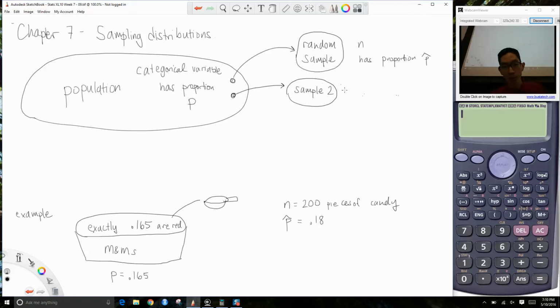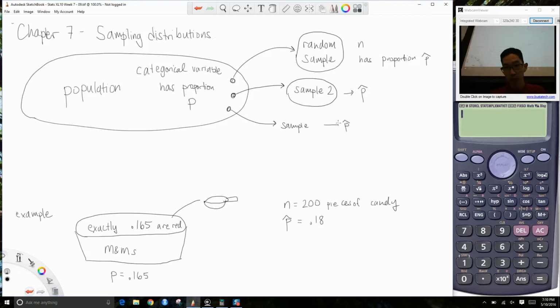And so I go back and draw a second sample, and I get another p hat. Then I go back to the population and draw another sample, and I get another p hat.